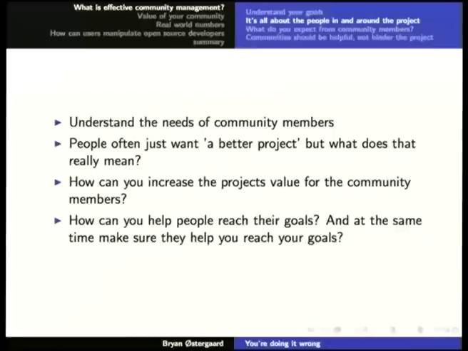So in XOver's example, most of the people coming to me are young people that just started at university. So the things I can give them is, I can give them some experience writing code, writing documentation, testing software, and so on.